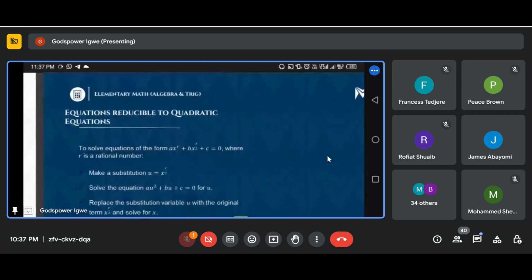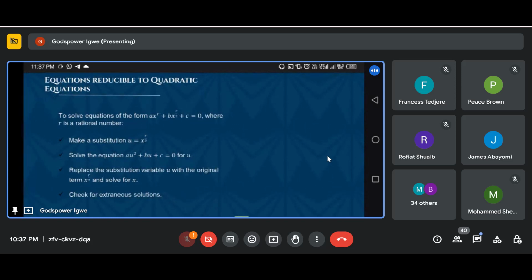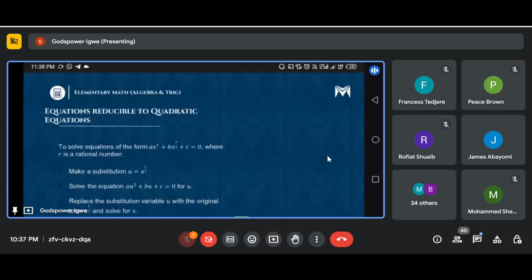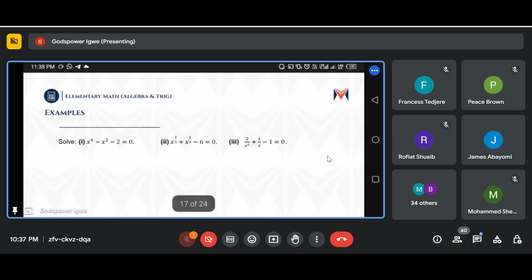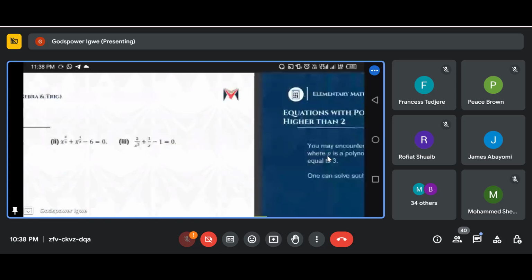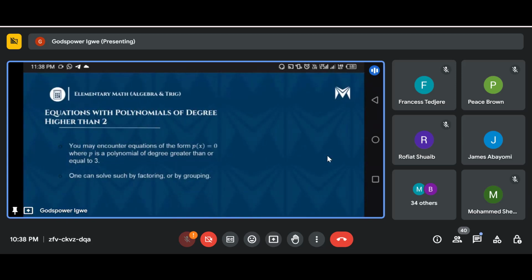Did they solve it? Let's hear what they solve. They didn't solve it. Equations reducible to quadratic equation. Why are they behaving like this? They didn't solve that question.